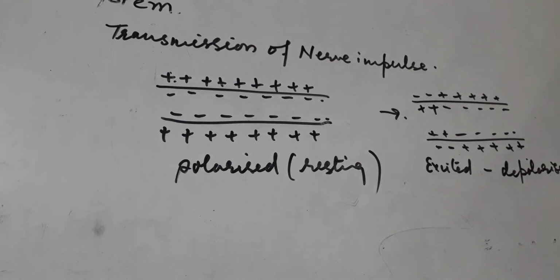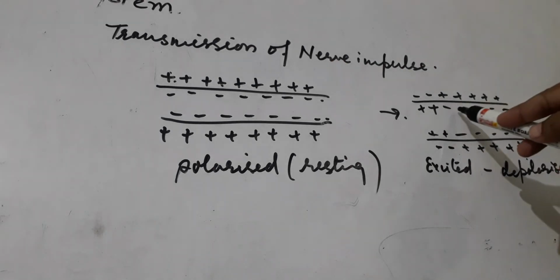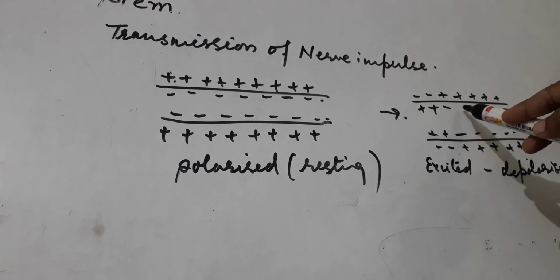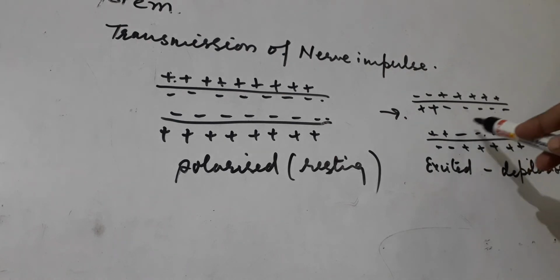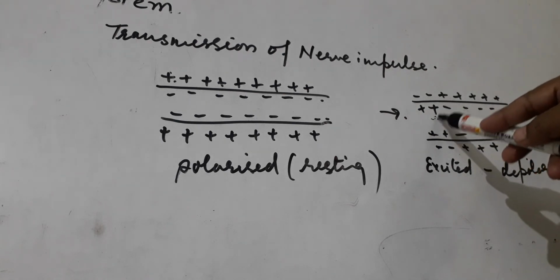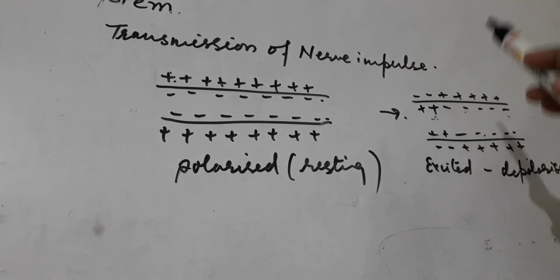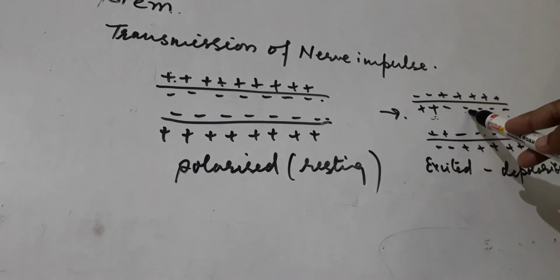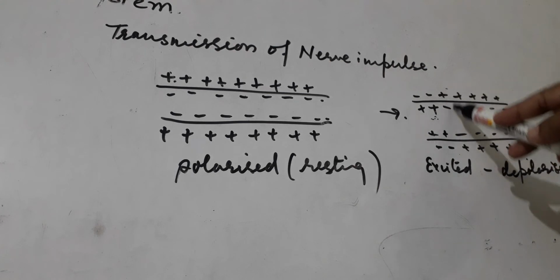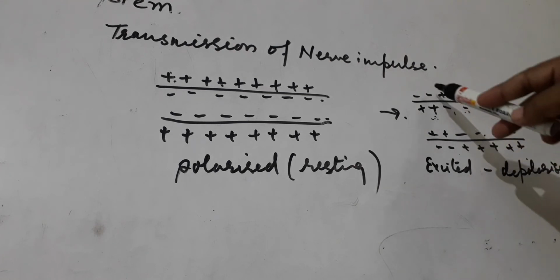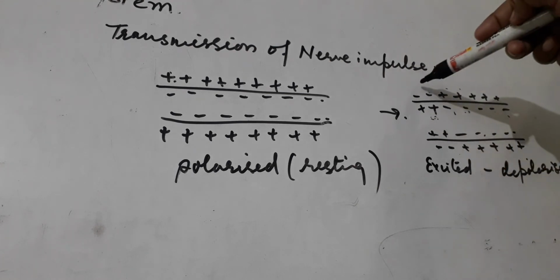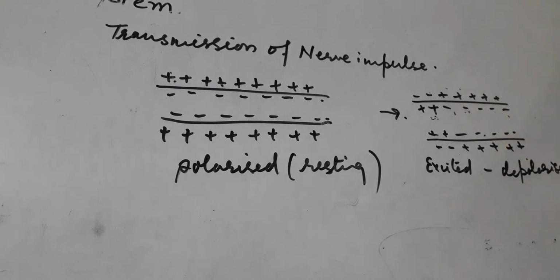Okay. After depolarization, the point of depolarization becomes a stimulus for the next neighboring area. It causes the stimulus for this area, so it shifts towards here. So the positive ion, this makes permeable here, and then it moves out, and negative ion moves in, so it becomes repolarized.